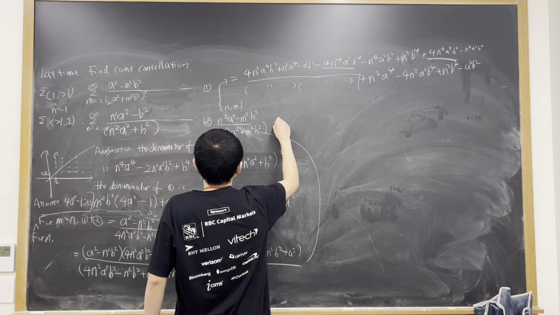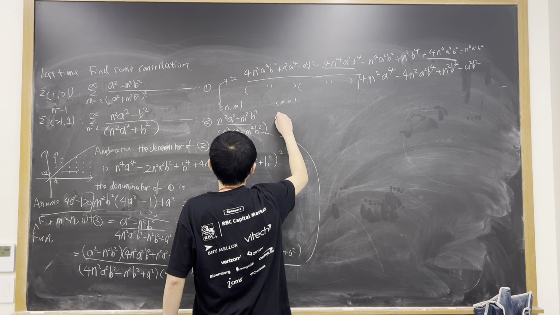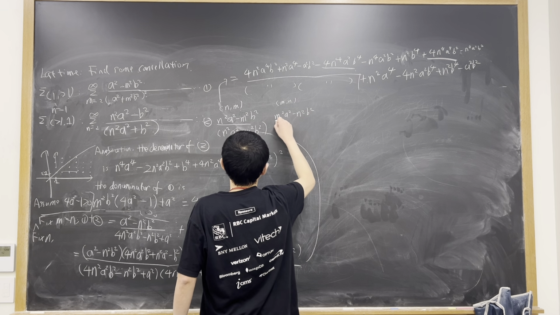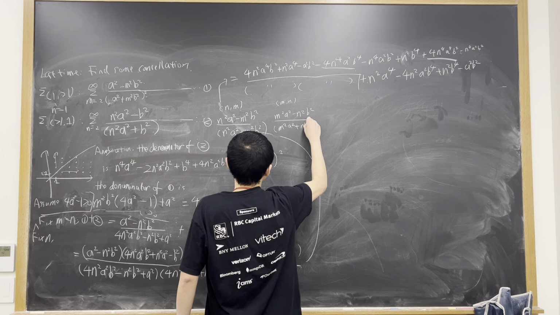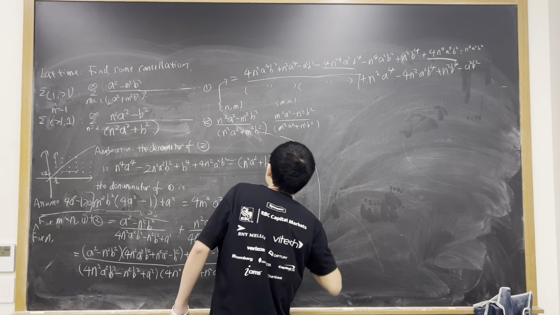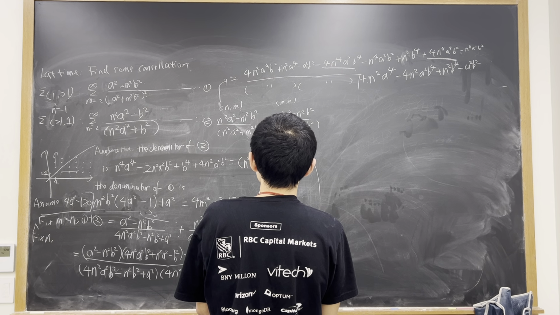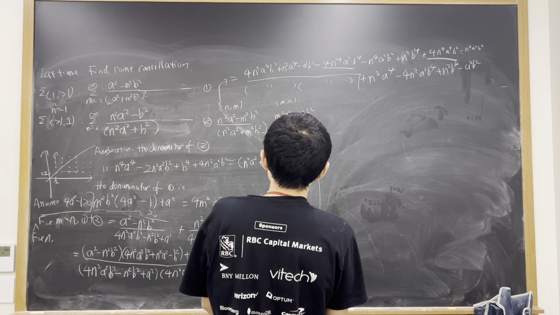And then when I have m comma n, I get m square a square minus m square b square. Oh, so yeah, it doesn't work. I see.